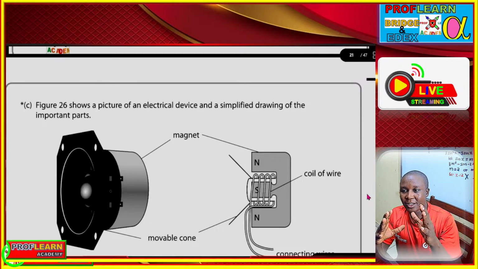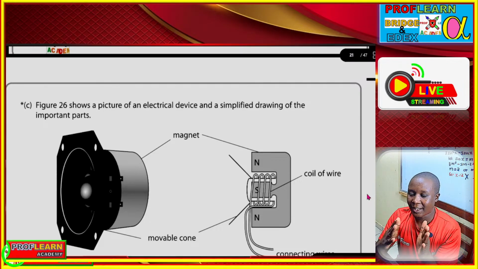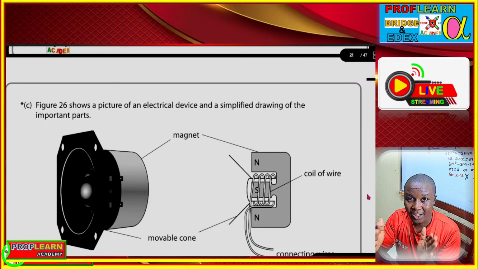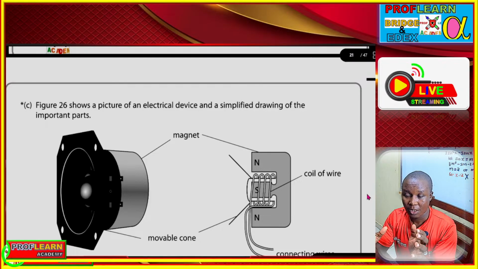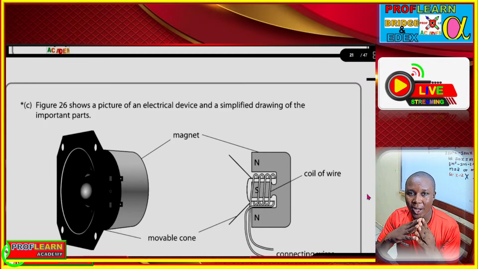And since these are two magnets interacting, there will be a pull and push force created. In that process, the coil is going to experience a vibrational force. That vibrating motion of the coil is going to make the paper cone vibrate, thus producing sound. That's how a loudspeaker works.